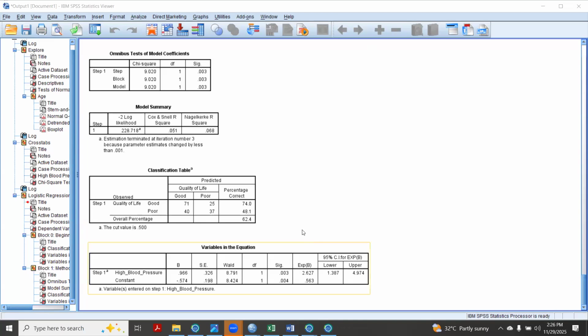So the 2.62 simply means that those that have high blood, okay, Mohammed, go ahead. I think I've given you opportunity. Okay, just a second. Let me see. Yeah, go ahead. I've given you opportunity to interpret. Mohammed, yes, go ahead.